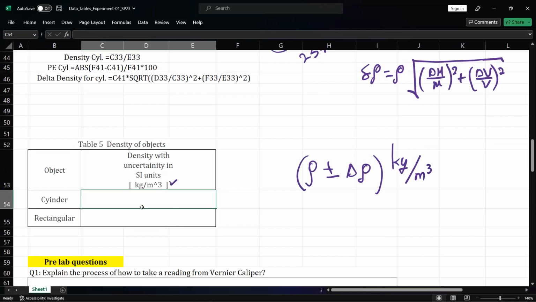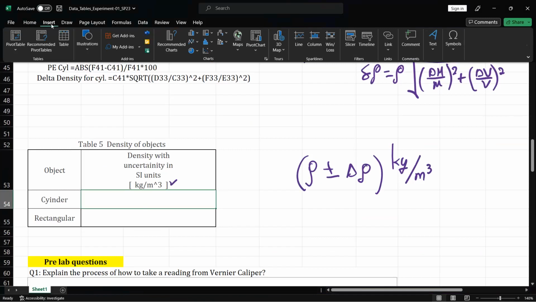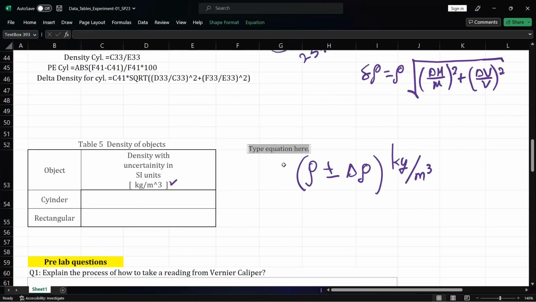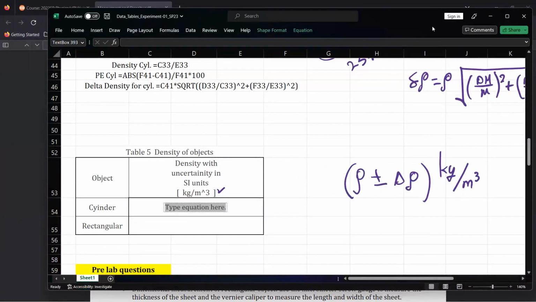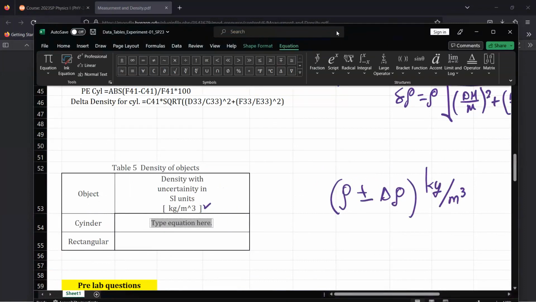In this case, instead of just typing, it's better to use Insert on the top menu and the Symbols, Equation. Then you click and drag the equation wherever it's supposed to go. Then you use the equation formatting tool to write it down. This equation formatting tool is right here.